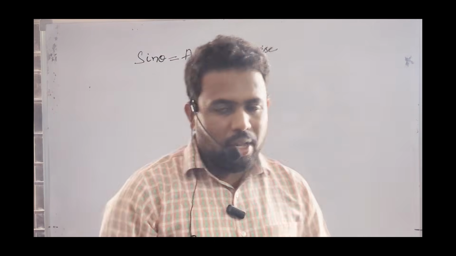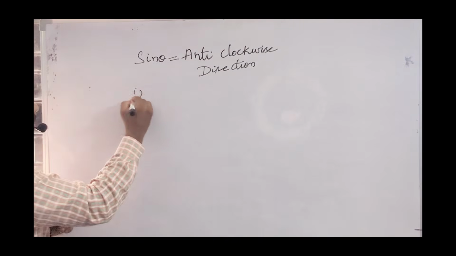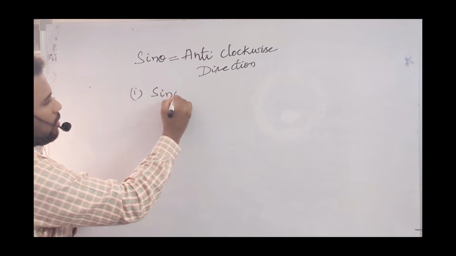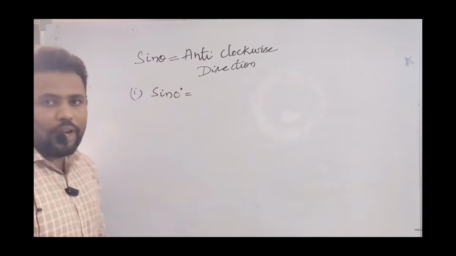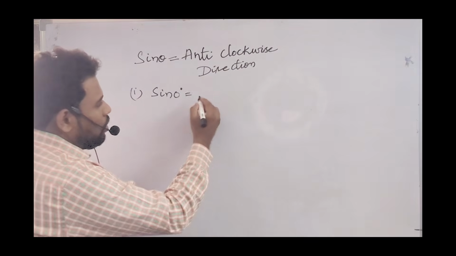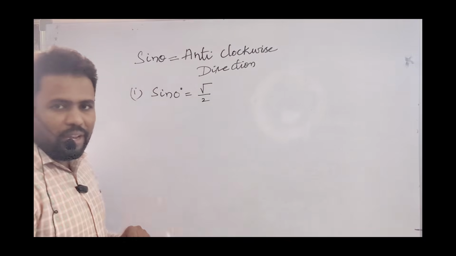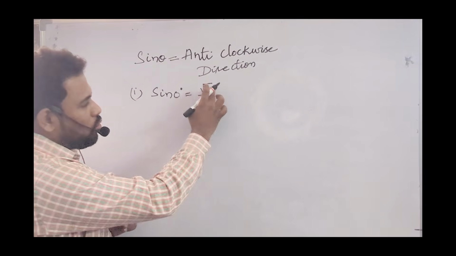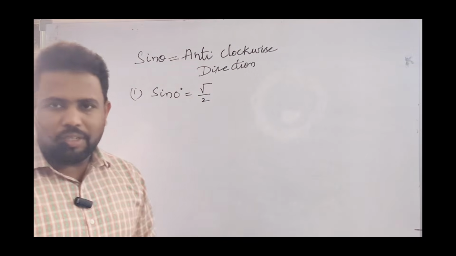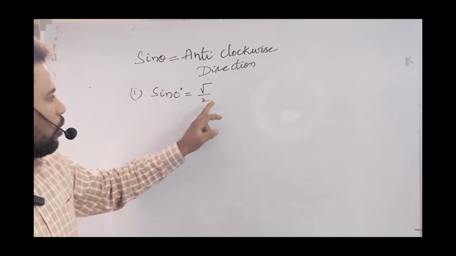Let us go with the first value, sine 0 degree. To get the values you have to write square root by 2. For every value use this: square root by 2.